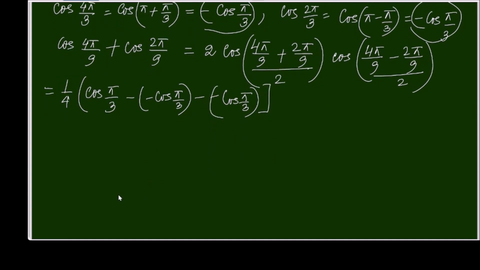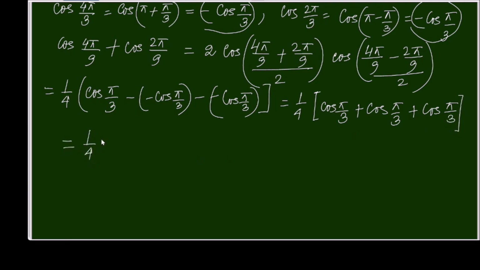This is the first term. So for the first term I'm getting 1 by 4 times cos pi by 3 plus cos pi by 3 plus cos pi by 3, 3 times. So this is equal to 1 by 4 multiplied by 3 cos pi by 3. Cos pi by 3, we know, is 60 degrees, so 1 by 4 into 3 into 1 by 2 will be 3 by 8.